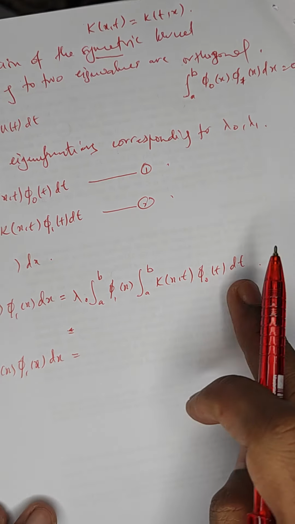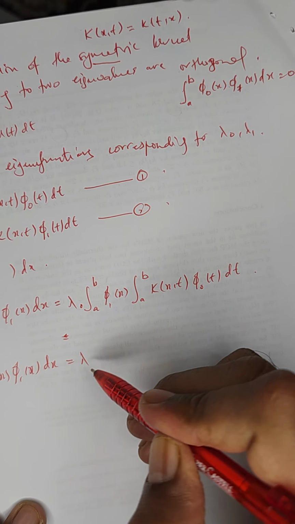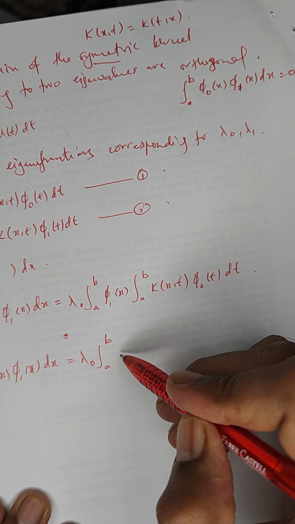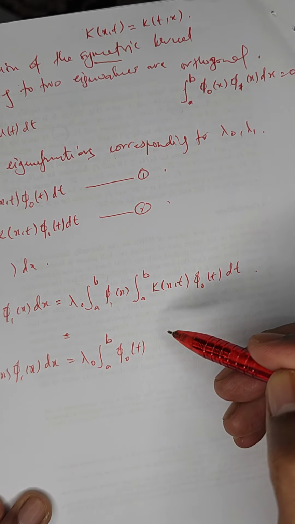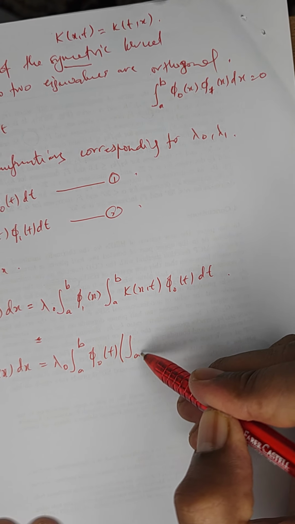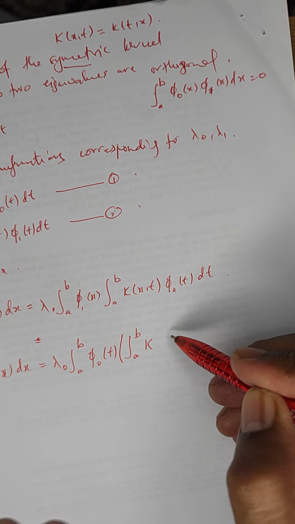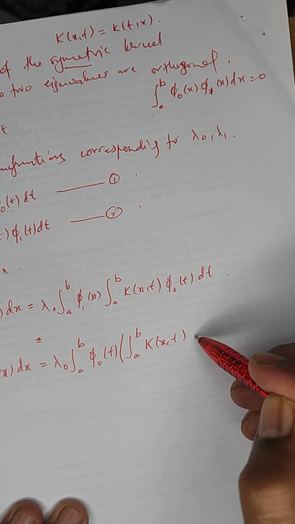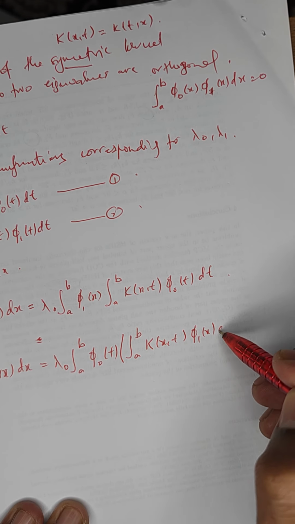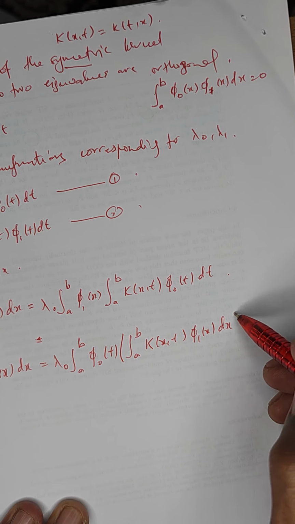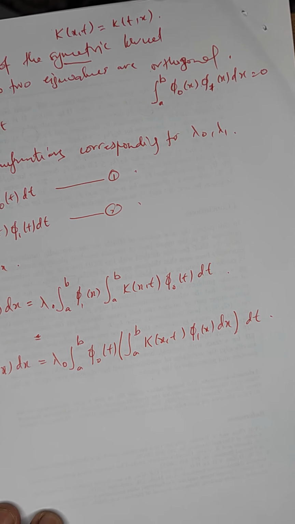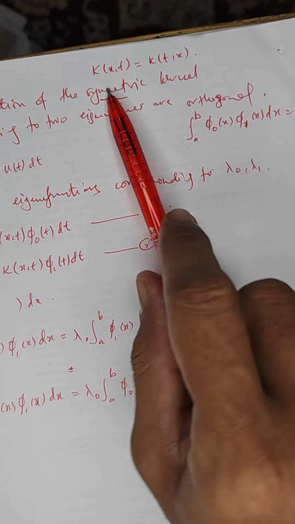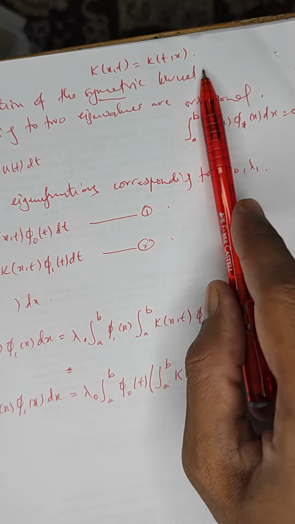On the right hand side, changing the order of integration, we have lambda naught integral a to b phi naught t integral a to b k(x,t) phi1 x dx dt.